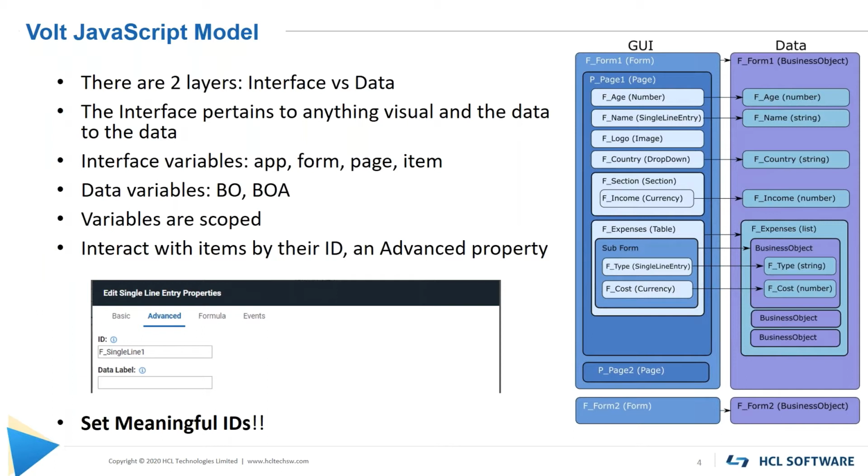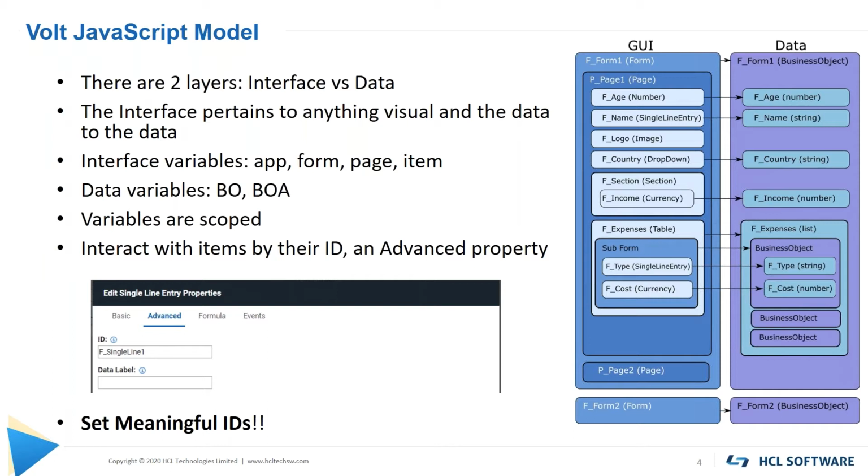There are some global variables that you have access to at different levels within the scope. For the interface, it's things like app for application, form, page, item. And everything is, I'm going to say, tiered or maybe containerized. As you can see in the graphic there, an application can contain multiple forms, and a form can have multiple pages, and a page can have multiple items.